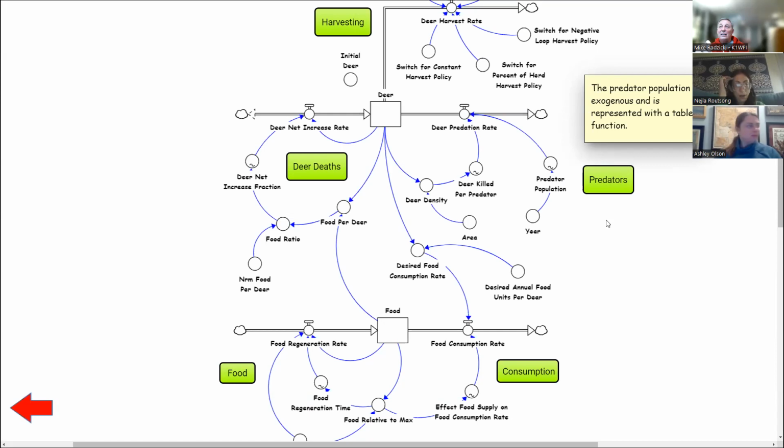You just said a minute ago that the deer population is probably independent of the food population. Could you explain or remind me of what you mean by that? Independent in the sense that, think of it as the initial value of the deer is independent of the initial value of the food. You don't need the initial value of the deer to calculate the initial value of the food.